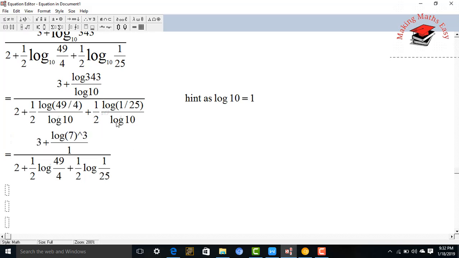Again we will put 1 instead of log of 10, and we will not write 1, because writing 1 and not writing 1 is one and the same, as log of 10 is equal to 1.